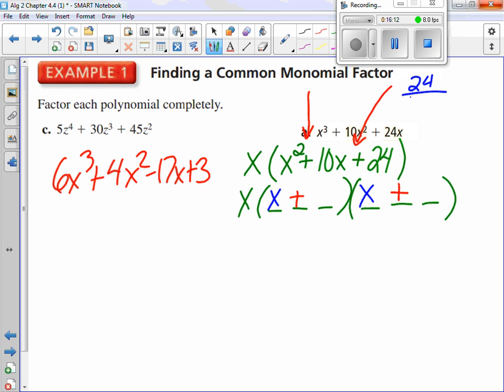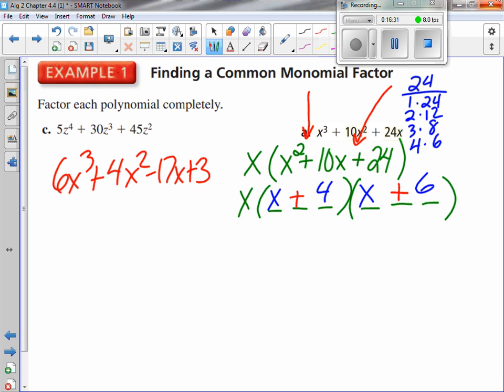Now the factors of 24 are 1 and 24, 2 and 12, 3 and 8, 4 and 6. Which one of these would we use for this one here? 4 and 6. And if we check this here, x times 6 would give us 6x. 4 times x would be plus 4x, which gives us 10x like we wanted, yes? And that's the correct one, that's the one we need.